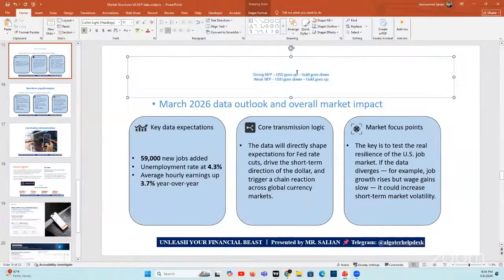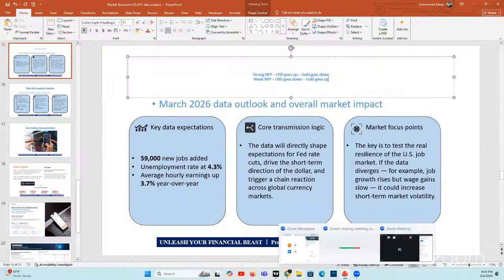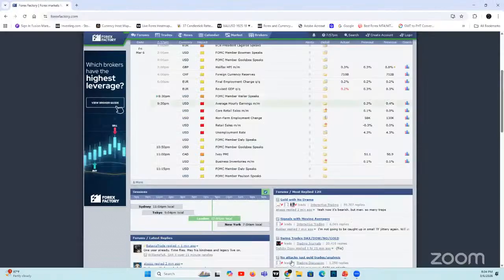If NFP goes up, then gold goes down. If NFP is weak in the actual, for example, it came 75,000. So the actual is stronger.